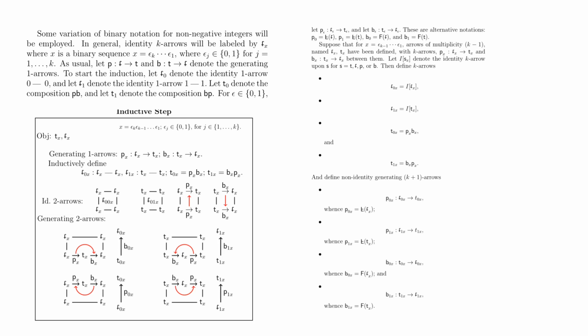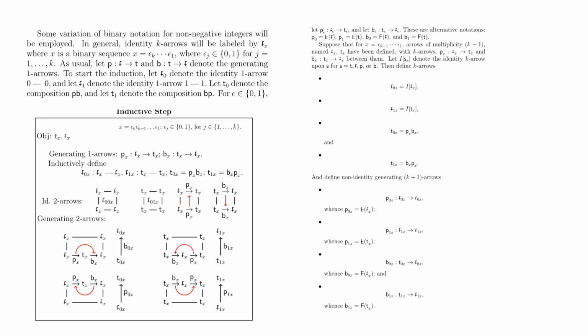F's are identities, T's are arrows, and then the generating 2 arrows, or the generating arrows at the next level, are going to be comparisons with compositions of PBs. So you either compare with a PX, BX, or you compare with a BX, PX, and you can do those comparisons in either of those 2 ways.